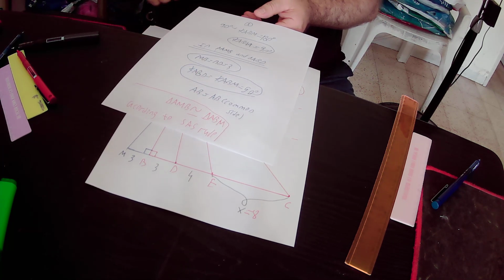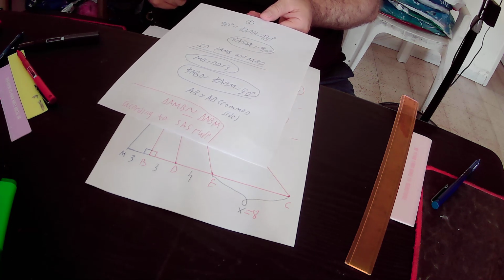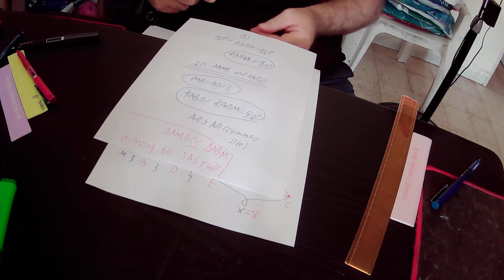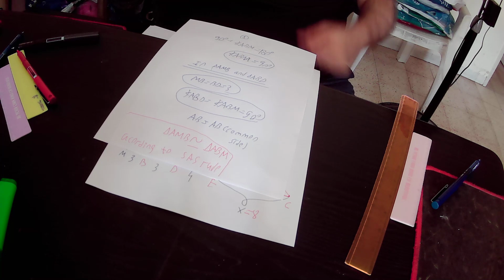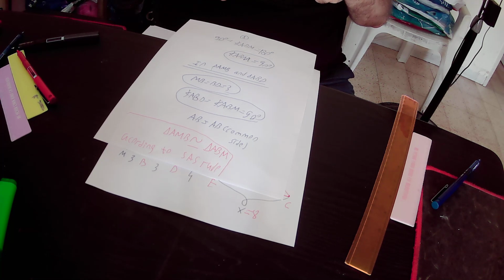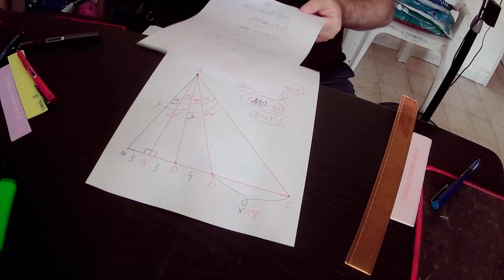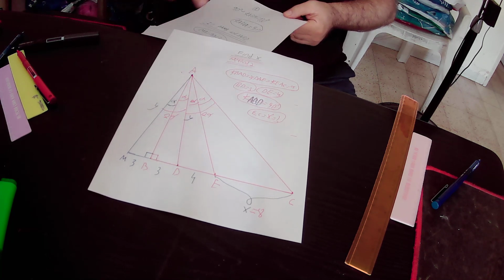What is the side angle side rule? If you prove that two sides and the angle between those two sides in one triangle are equal to two sides and the angle between those two sides in the other triangle, then those two triangles are congruent according to the side angle side rule. Okay, so those two triangles are congruent.